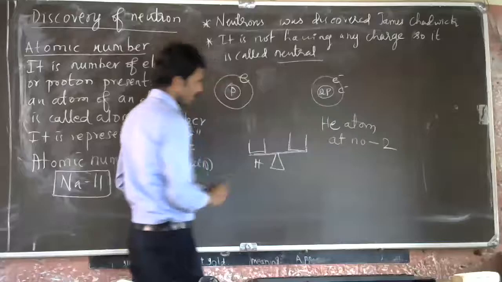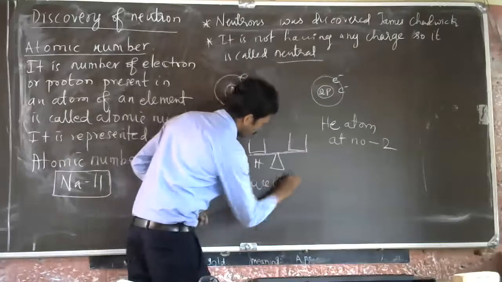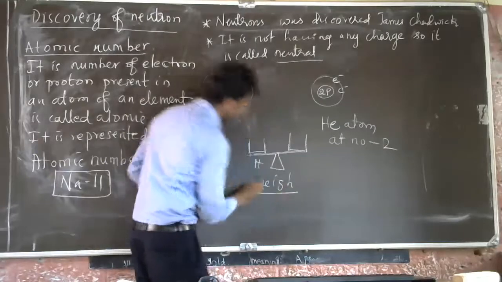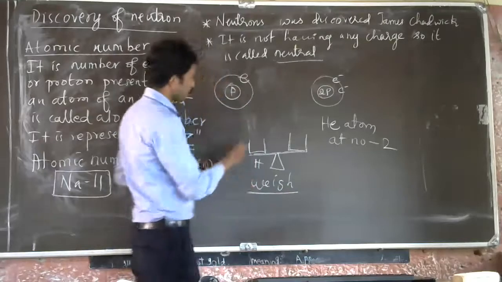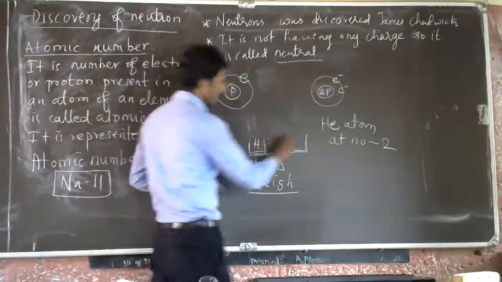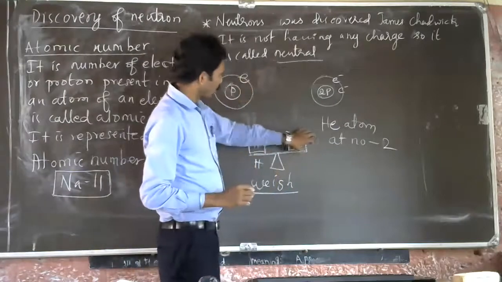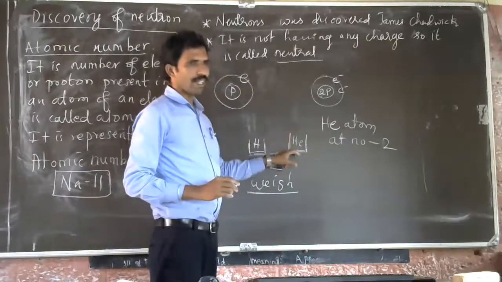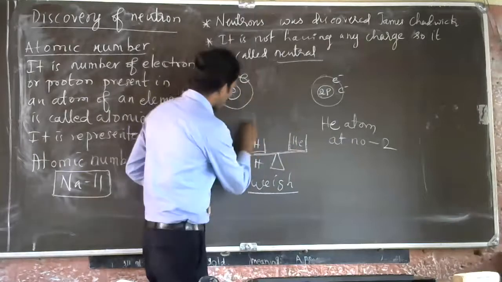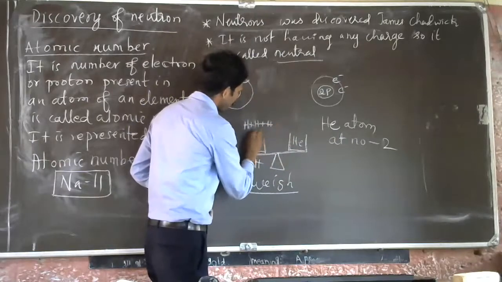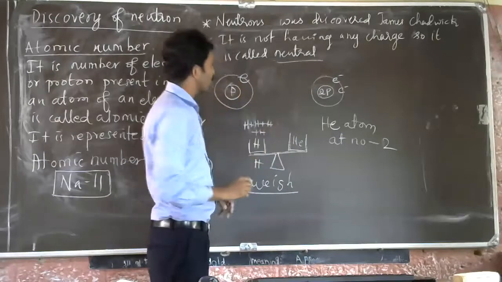If hydrogen is placed here and helium is placed here, then to make hydrogen equal to helium, 4 hydrogen should be placed.